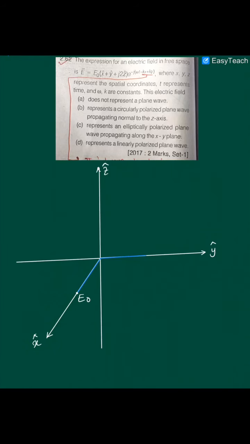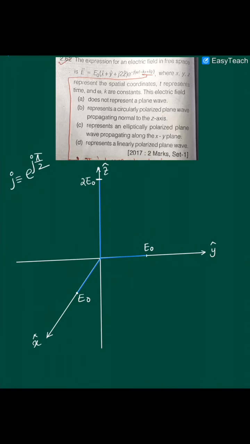And then in the z direction its magnitude is 2 E naught, so the length is double, but there is a factor j. And we know j is e to the power j pi by 2.